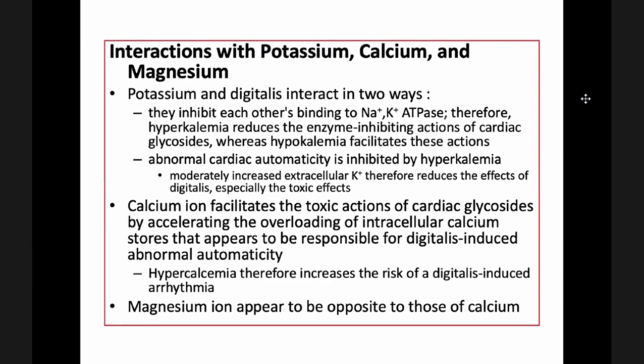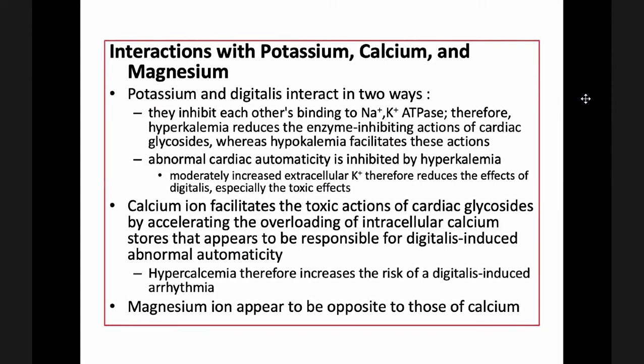So potassium and digitalis interact in two ways. They may inhibit each other's binding to your sodium-potassium ATPase. Therefore, hyperkalemia reduces the enzyme-inhibiting action of cardiac glycosides, whereas hypokalemia facilitates the action, so the opposite. Abnormal cardiac automaticity is inhibited by hyperkalemia. So if you have moderately increased extracellular potassium, this will reduce the effect of your digitalis, especially the toxic effects.